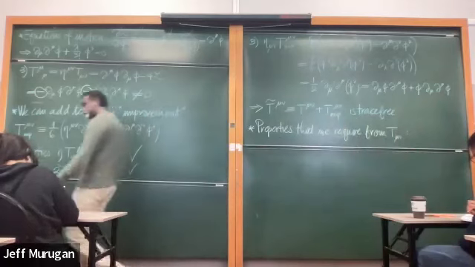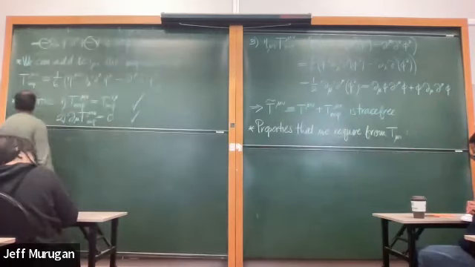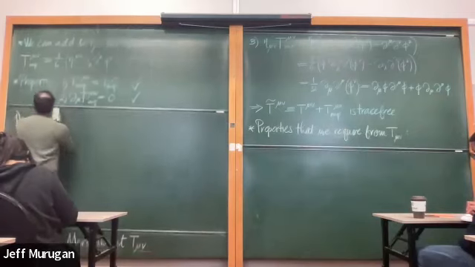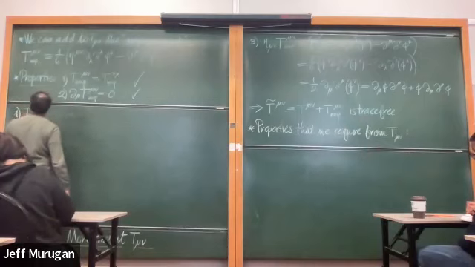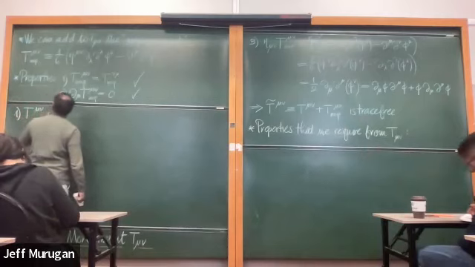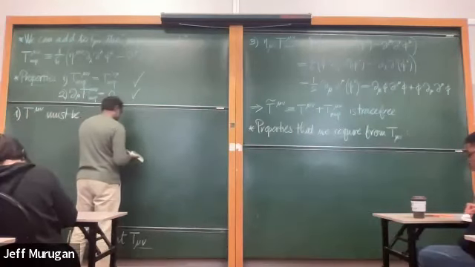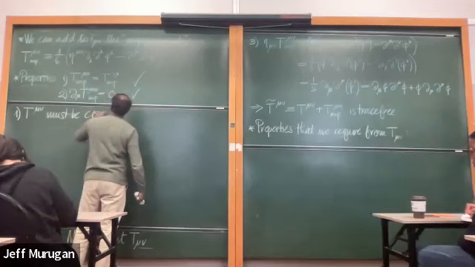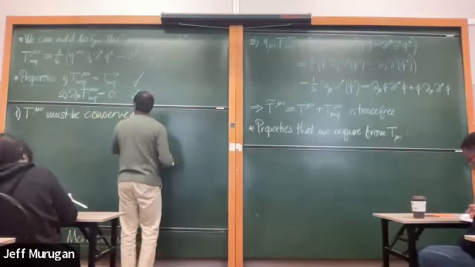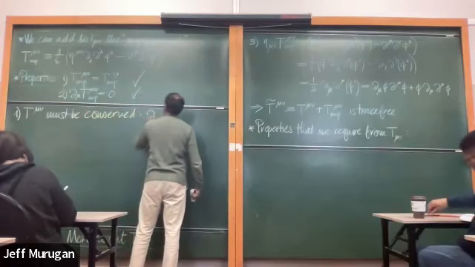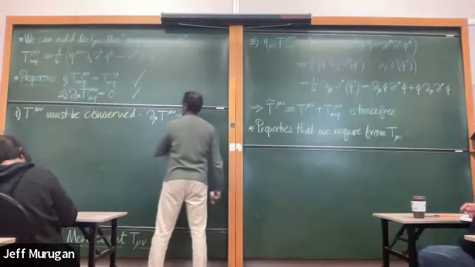First, we need energy and momentum to be conserved. So we want that T mu nu must be conserved. This would mean that the divergence d mu of T mu nu vanishes.